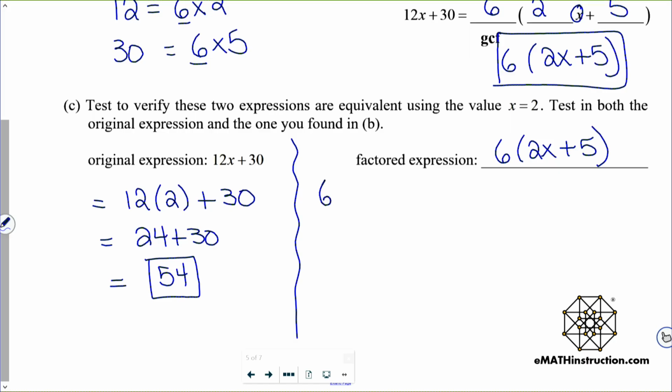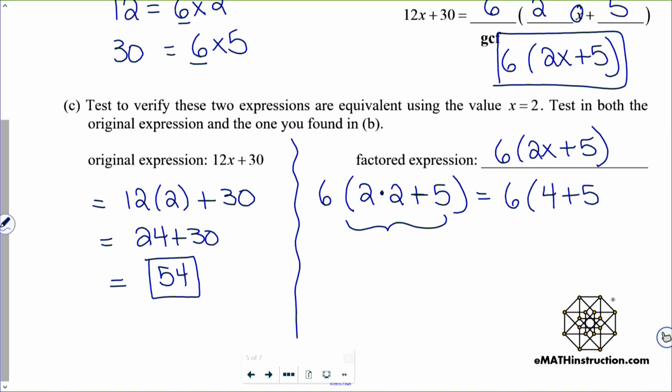This is a little bit more difficult, but I'm going to put 2 in for x. I'm going to work within the parentheses, which says I've got to do the 2 times 2 first, which is 4. Then I'll add that 4 and the 5 together, and that'll be 9. And then 6 times 9 is 54.